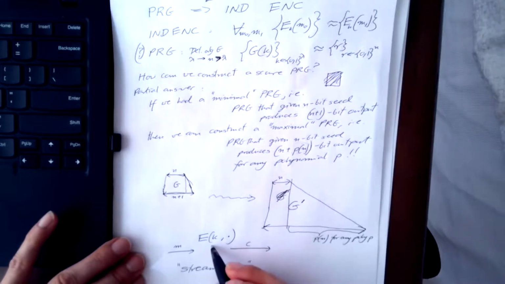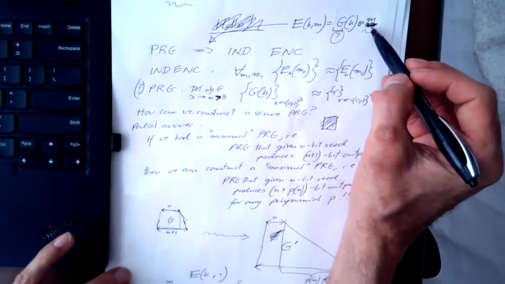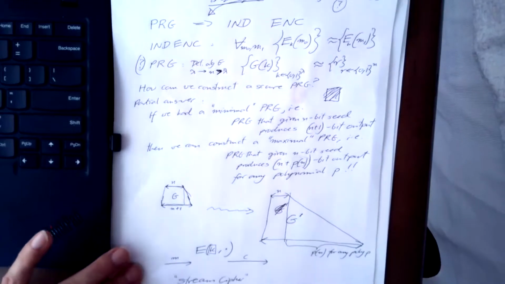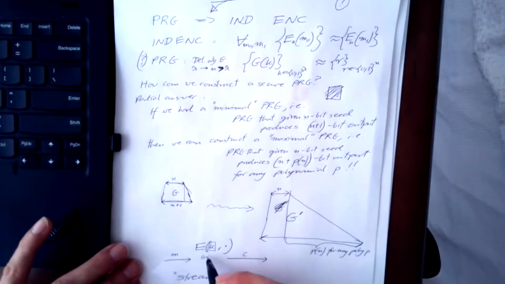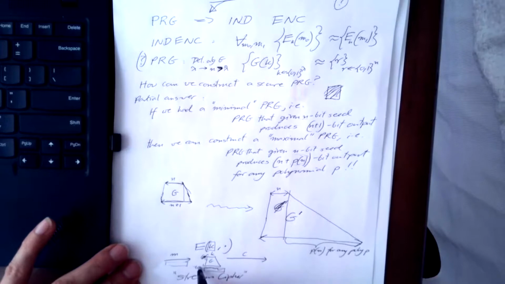So now I have to use this construction. I do have some key, and I can locally expand it. So I take my G and I expand it, and I take this expansion and XOR it with the input, and that's my output.